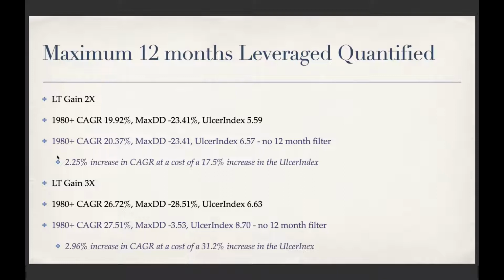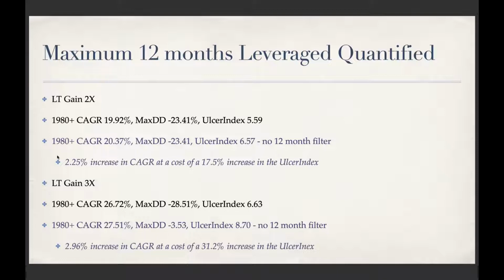So in percentage terms, the CAGR increased 2.25%, but we had a 17.5% increase in the Ulcer Index. I'm not going to read off the numbers here for the 3x, but a similar situation. There was a 3% increase in the CAGR over that time if you took the filter off, but it came at a 30% increase in the Ulcer Index.